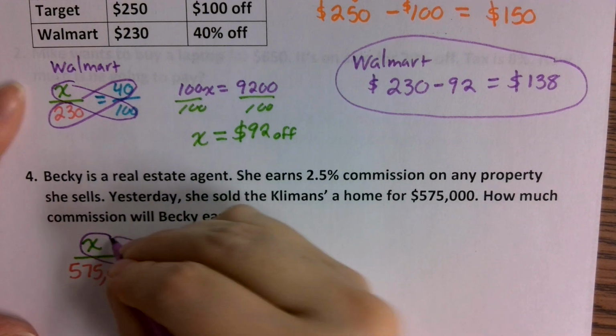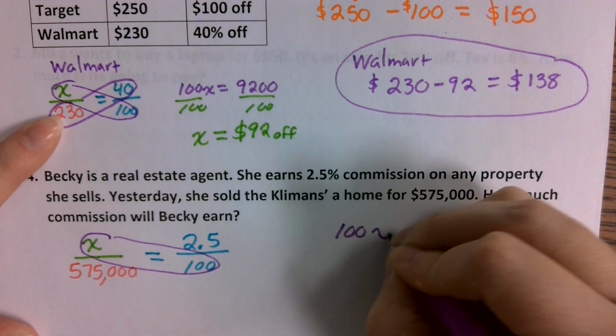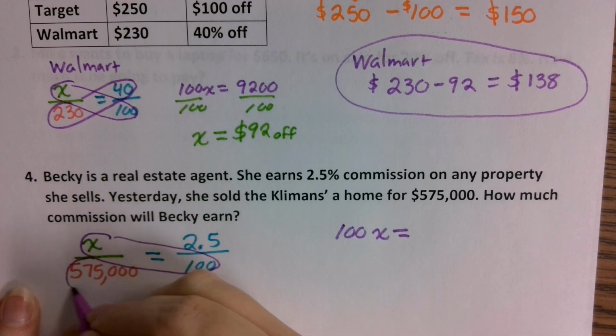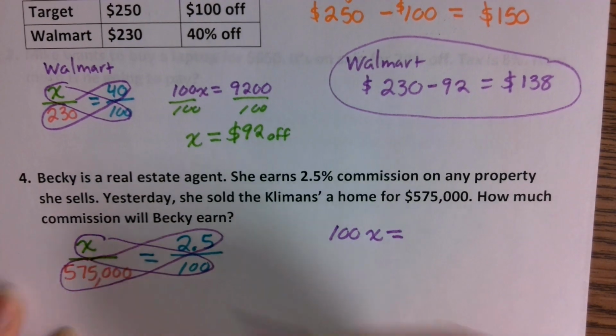So then we just do our cross product. We're going to multiply x times 100, which gives us 100x. Then we're going to multiply 575,000 times 2.5.